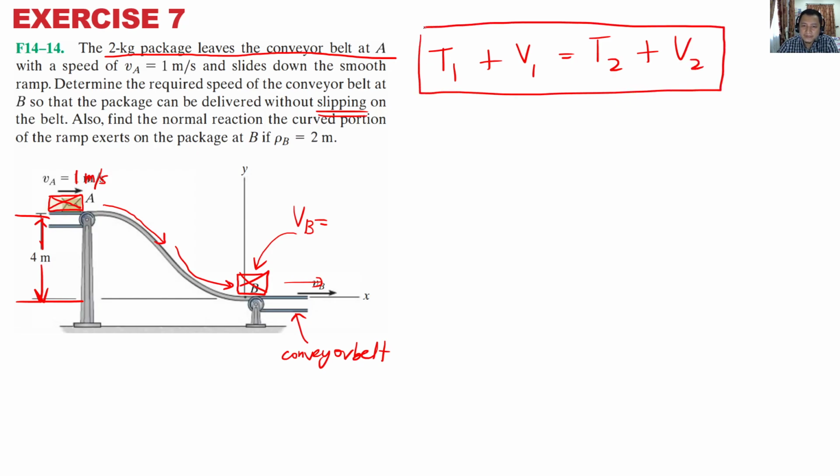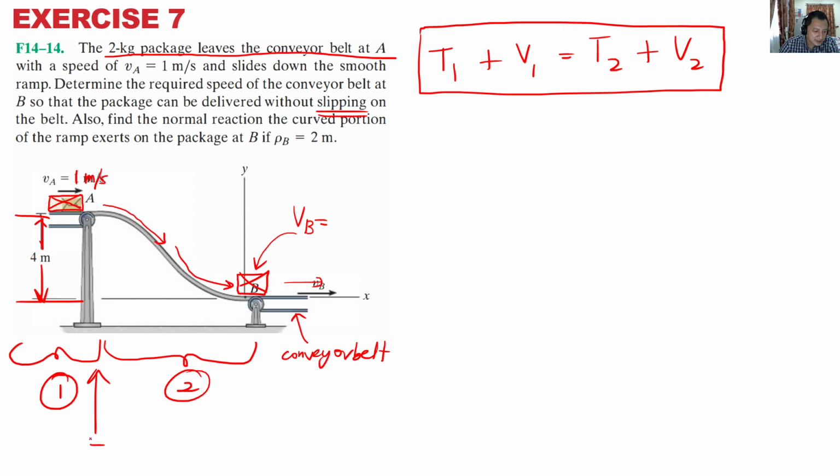Okay, this is condition number 1. This is condition number 2. This is equals. The moment it drops is equal to this one. So at location 1, let's write it down.